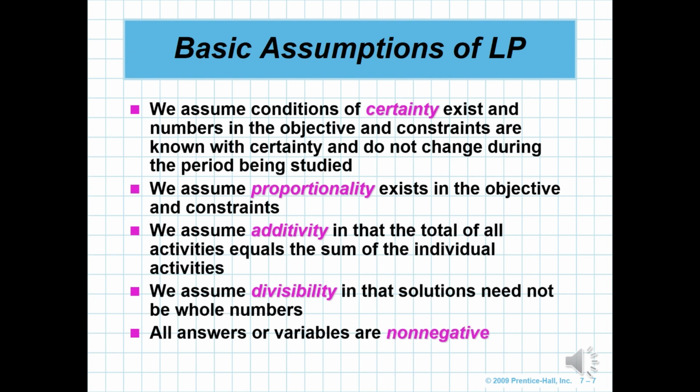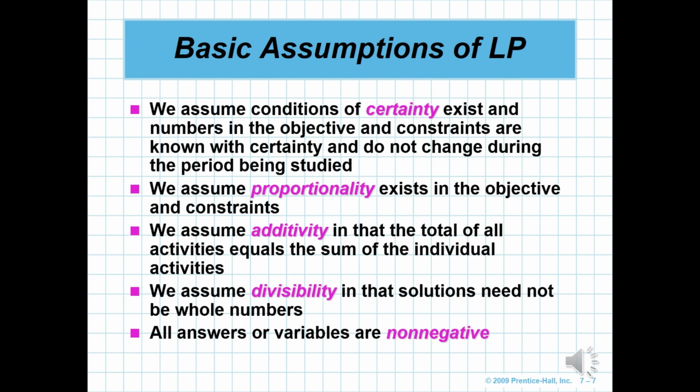We assume a condition of certainty exists, and the numbers in the objective and constraints are known with certainty and do not change during the period being studied. The LP technique can be solved for a deterministic problem or model.